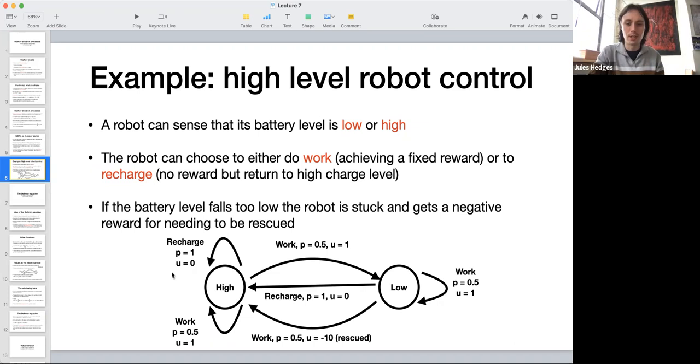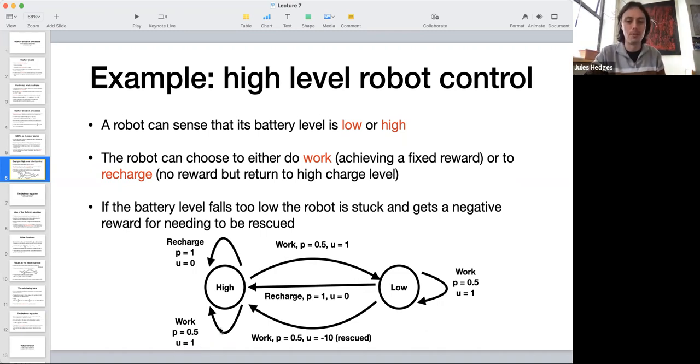So you can draw this as a graph or as a kind of transition system where we have our states here, high and low, and on each of these arrows we say what is the action being done, what is the probability that this arrow is the one we follow given that action, and also what is the payoff we get for following this arrow.